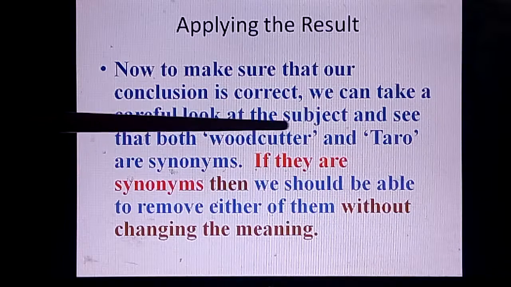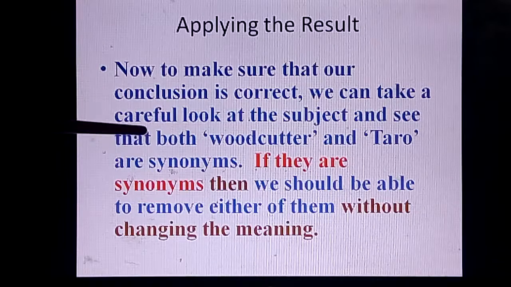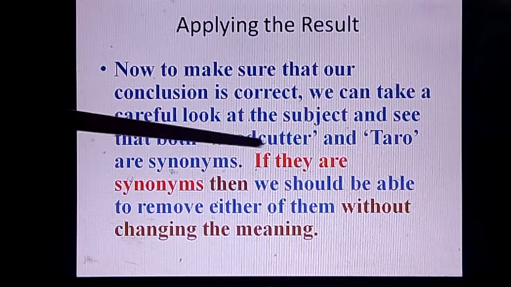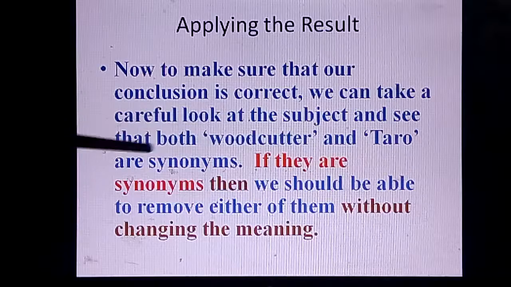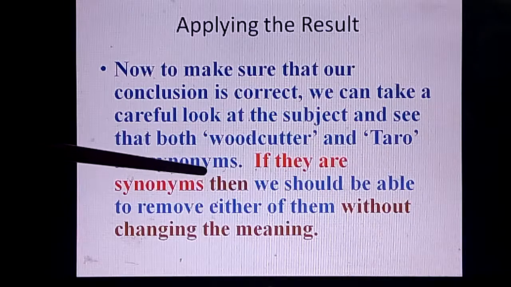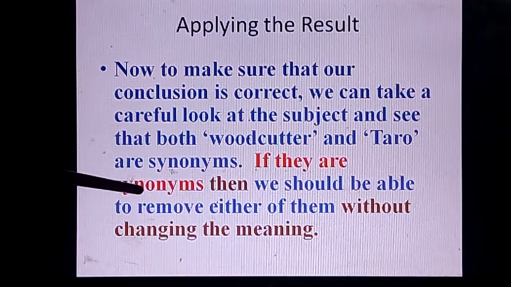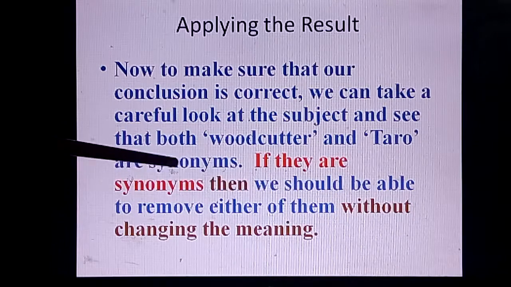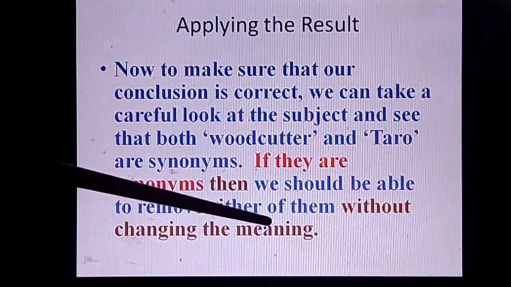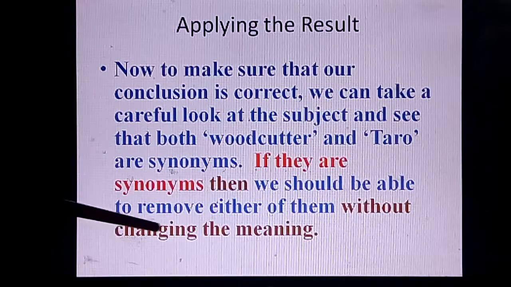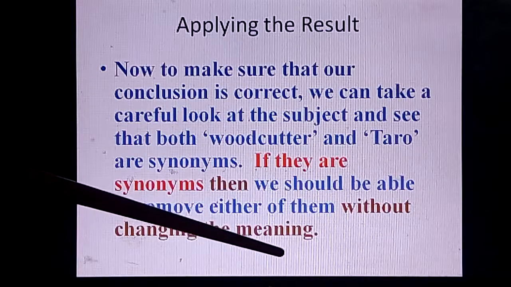careful look at the subject and see that both woodcutter and Taro are synonyms. How can we say that they are synonyms? If they are synonyms, then we should be able to remove either of them without changing the meaning.